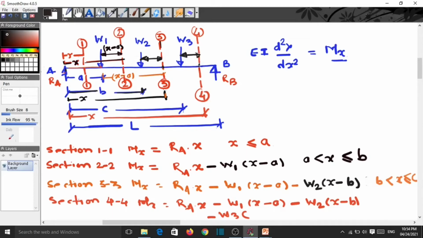The total from this end to A is X, and from A to W3 is C, so we can say that is X minus C.